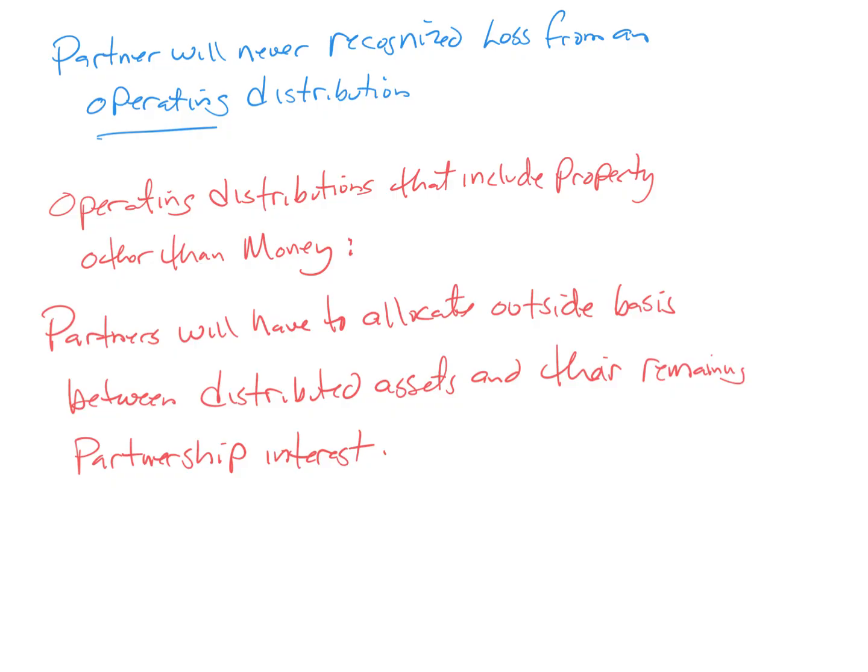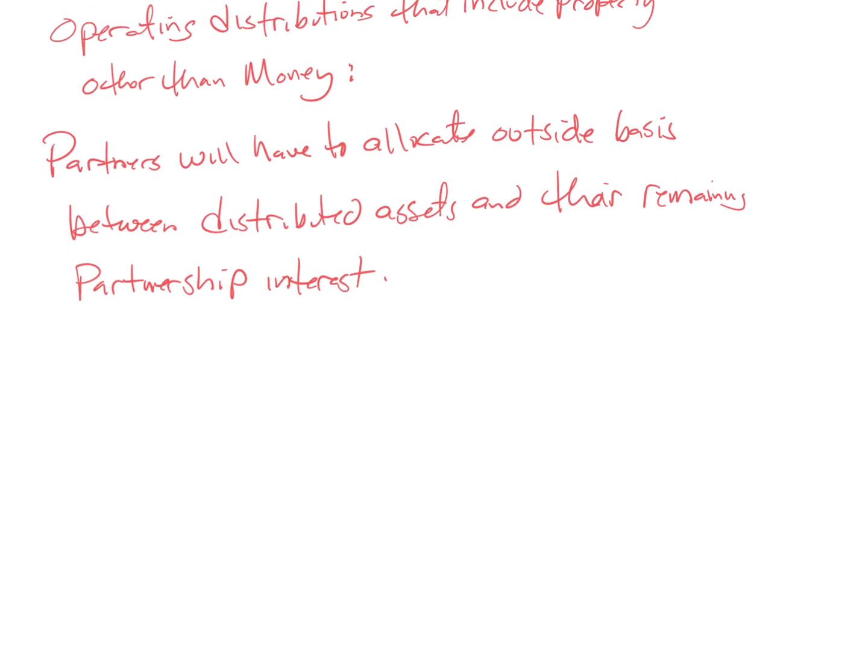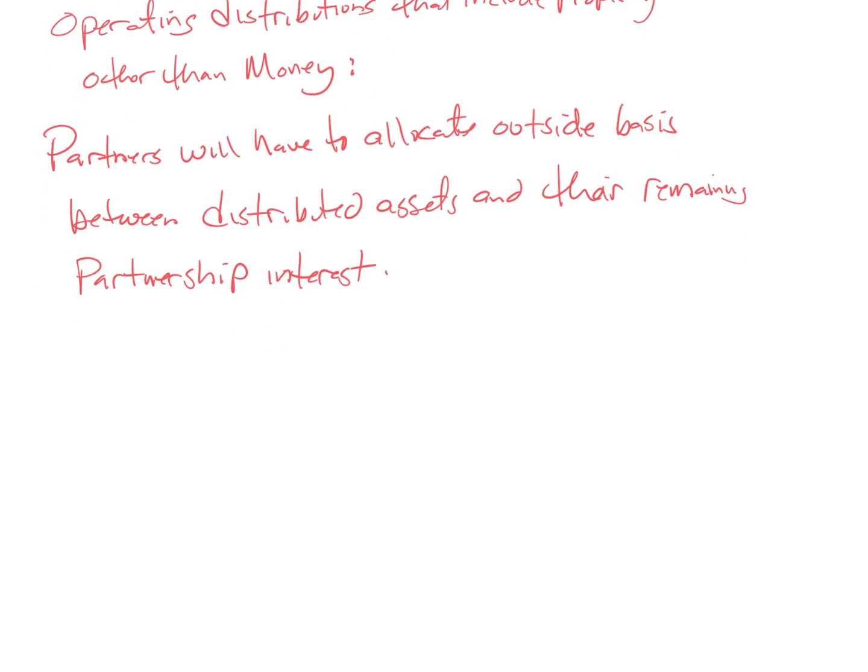Okay, so your partnership distributes property to you, and you're going to have to determine how your outside basis gets distributed between those assets now and your continuing partnership interest. Because remember, anytime you get a distribution from your partnership, your outside basis is going to decrease.